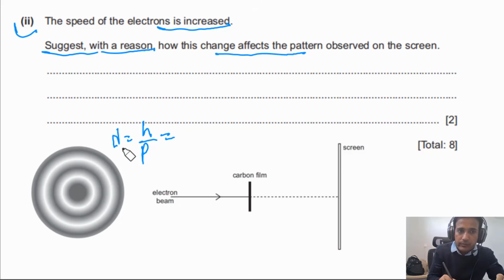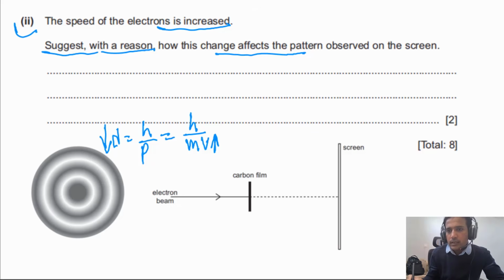This is the de Broglie wavelength, so lambda equals h divided by m times v. If v increases, lambda has to decrease. Lambda is directly proportional to theta, so if lambda decreases, theta also has to decrease.